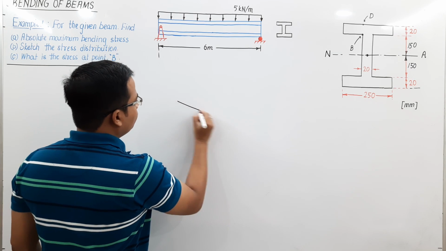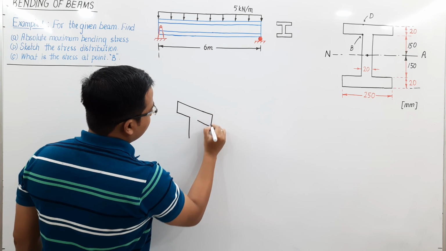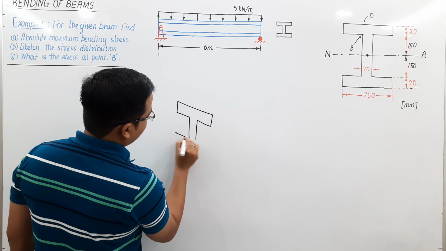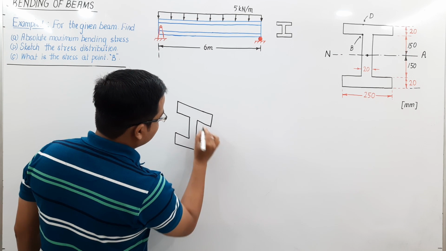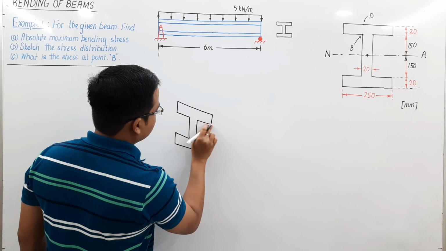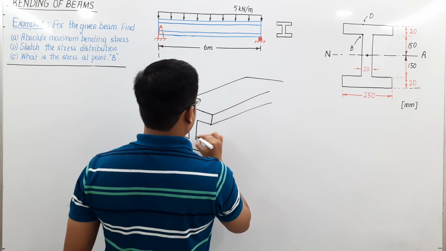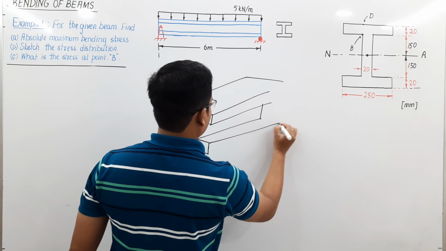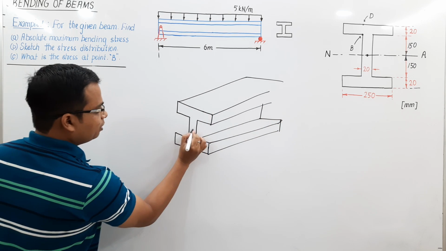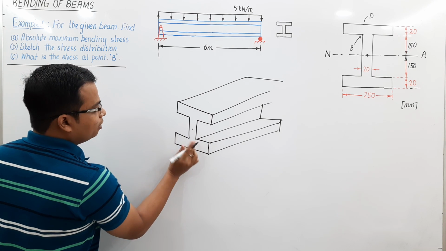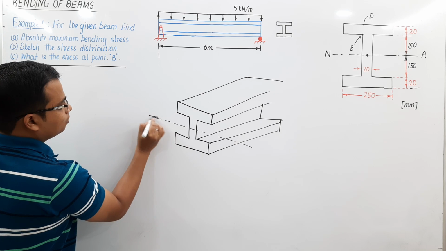Let me show you with the help of a 3D diagram. The beam actually is something like this. Somewhere here you have this point, and that's the neutral axis.